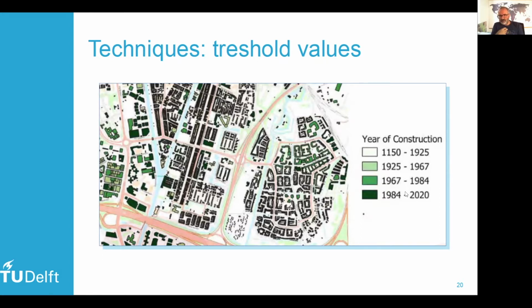So if I would look at this map, my first question would be, why is this map maker putting the class borders at that specific point? It could be that there is some meaning to that. Most of the time, when I'm looking at maps, I think, what could be the meaning of this? It might be that these are important years for this specific area. I don't know, but it might be.